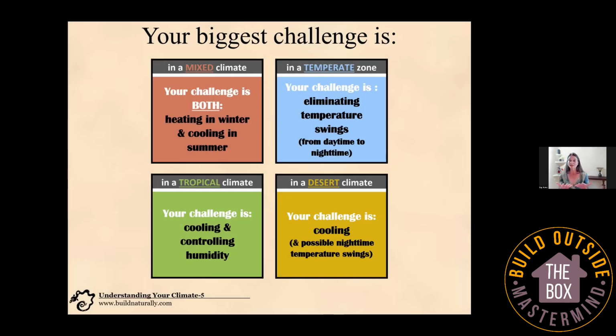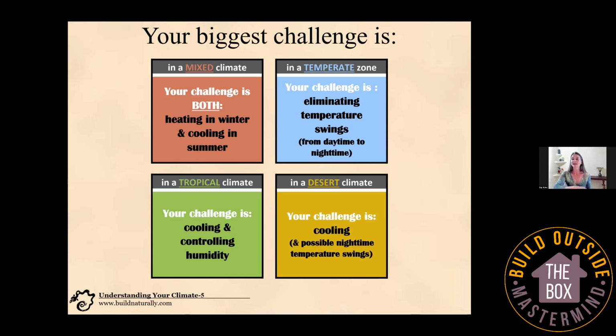Your challenge in each of those climates is the thing you're going to solve for. So your challenge in a mixed climate is that you need to both have a way to stay warm in winter and have a way to stay cool in summer. You have to solve both problems. In a temperate zone, generally what you're trying to solve for is taking out temperature swings.